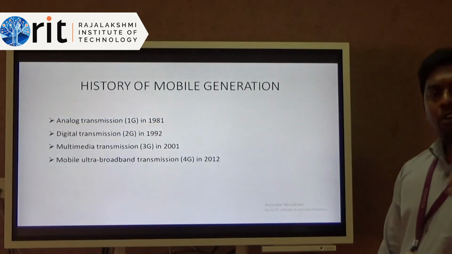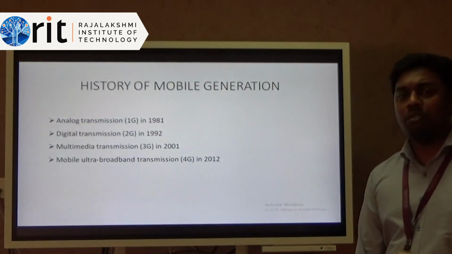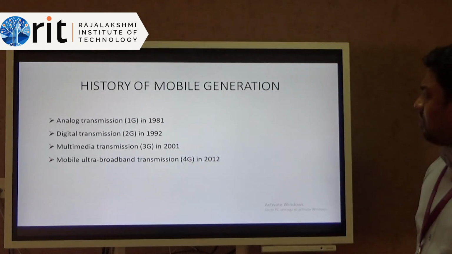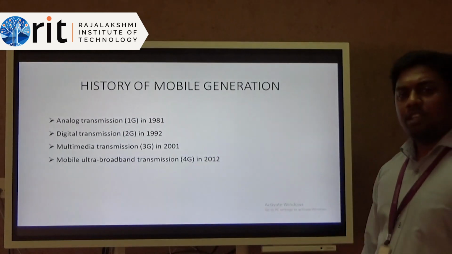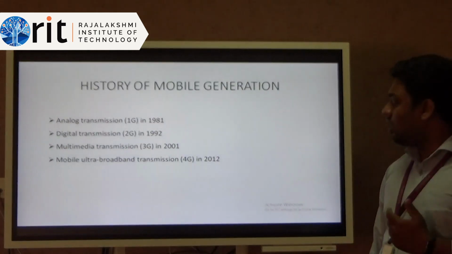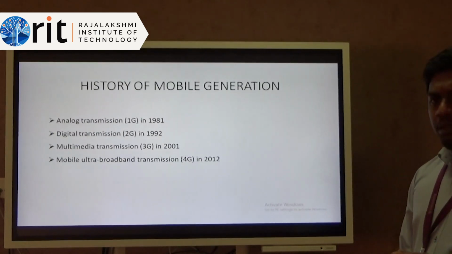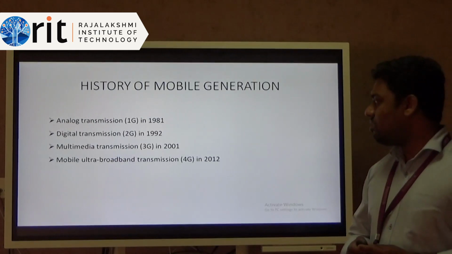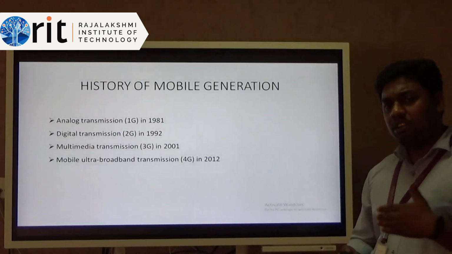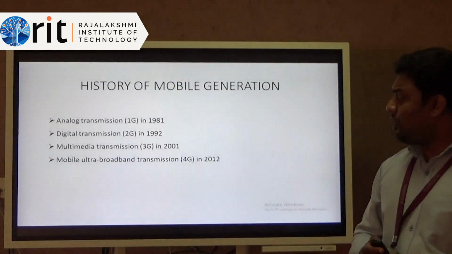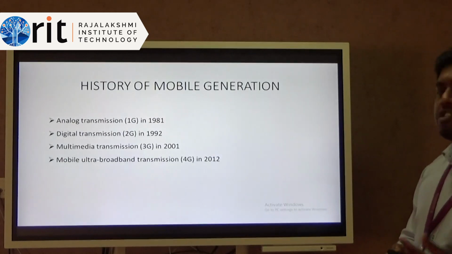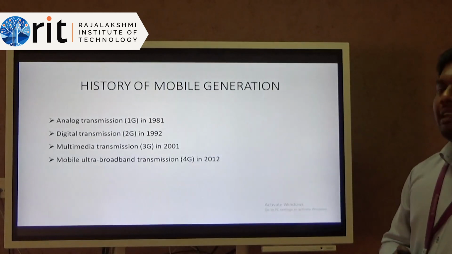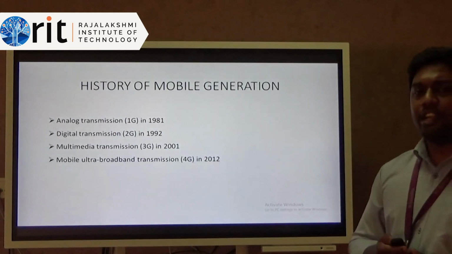Now I am quickly going through the mobile communication generations. As we know, analog communication, that is AMPS, the 1G communication, launched in 1981, which was purely analog. After 10 years we waited, and then we got digital transmission. We call it 2G, that is the GSM architecture, in 1992.